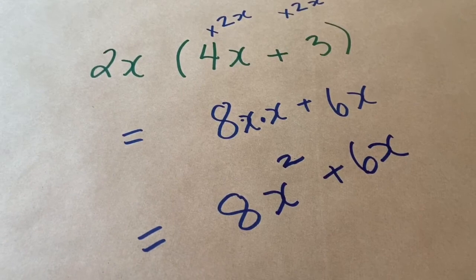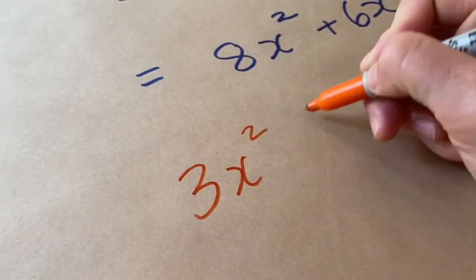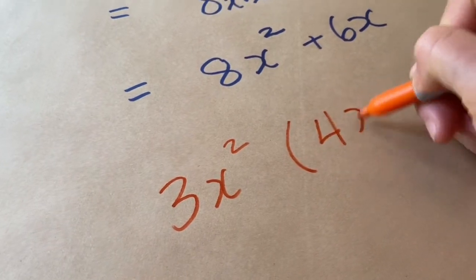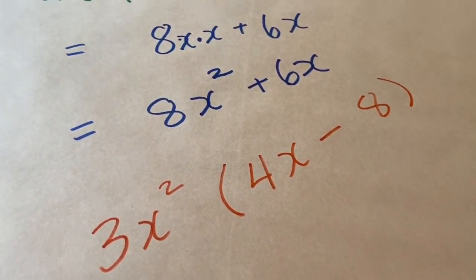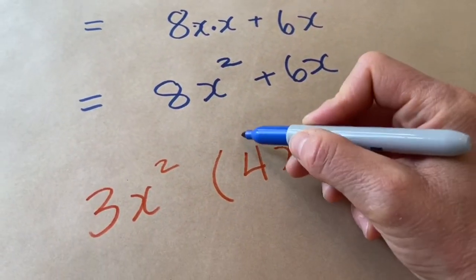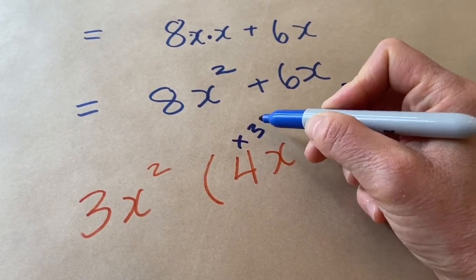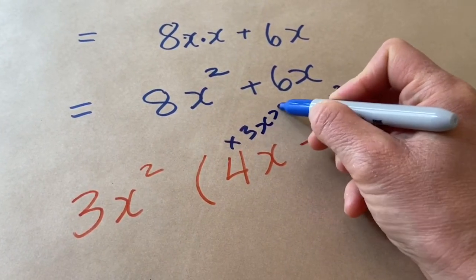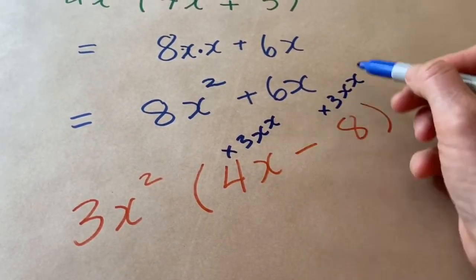Let's try another one. If I have 3x squared times 4x minus 8. Okay, that means I need to multiply both of these things times 3. But I also need to multiply both of these things times x squared. X squared, x squared.